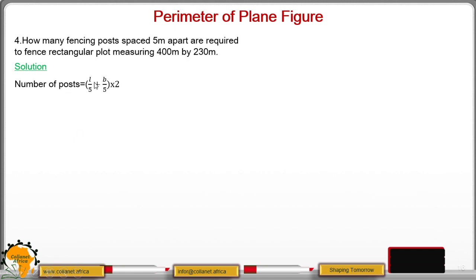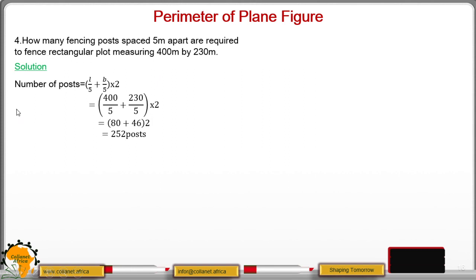So the number of posts will be the length divided by 5 plus breadth divided by 5, then multiplied by 2. In our case, that is 400 divided by 5, then 230 divided by 5, which is 80 plus 46, then multiplied by 2, and you get that you need 252 posts. These are the posts required to go around the perimeter of a rectangular plot.